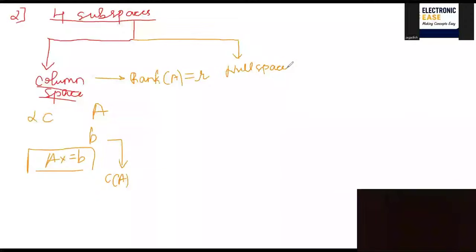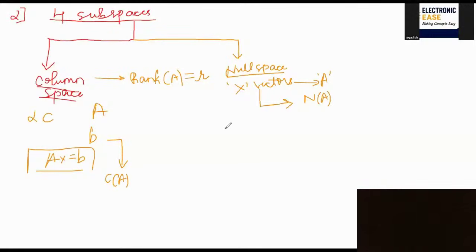Null space is a set of all capital X vectors that are mapped by capital A to zero, and it is denoted by N of A.